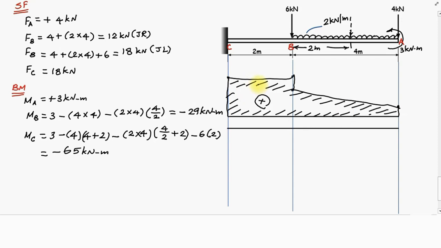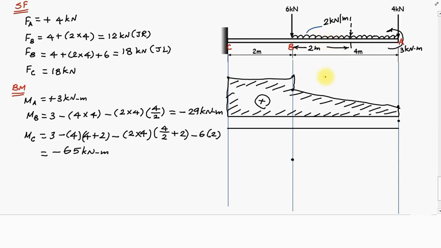Now let us draw the bending moment diagram. Bending moment at the point A is 3 kilonewton meter. This 3 kilonewton meter is a positive quantity, so we should be very careful in that. Bending moment at the point B is negative 29 kilonewton meters. Between the point A and B, there is a uniformly distributed load.